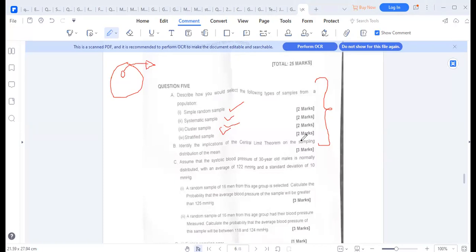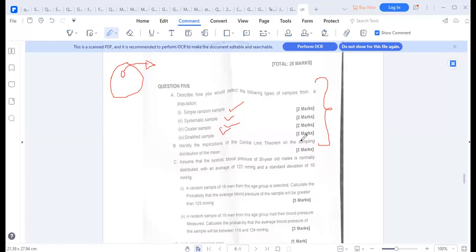So we start with simple random sampling. What is simple random sampling? And what examples can we give? When I'm dealing with simple random sampling, we're simply talking of a procedure that involves selecting a sample subset from the larger census randomly using the same probability.